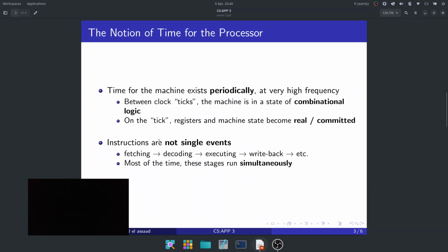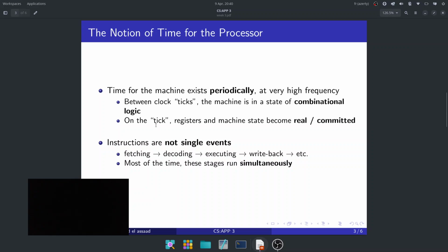So first of all, what is the notion of time in the processor? Essentially, time for the machine is periodic. There is the tick of the clock, because the machine has an internal clock, and there is the time in between ticks. In between ticks, the machine is in a state of combinatorial logic, essentially trying to reorder everything while there is no state.